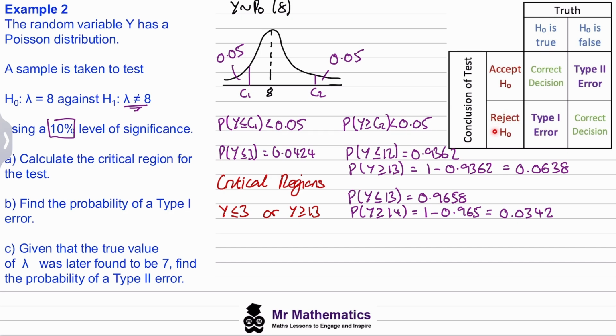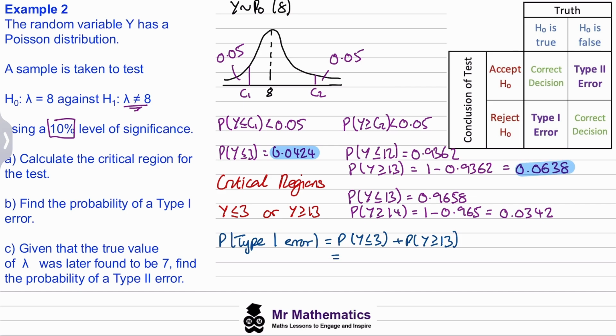Well, this means we reject H0 given that H0 is true. So it's the probability of us being in either of these critical regions. So the probability of a type 1 error will be the probability of Y being less than or equal to 3, which is this one, or the probability of Y being greater than or equal to 13, which is this one.